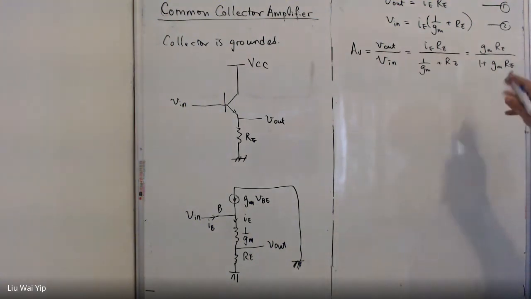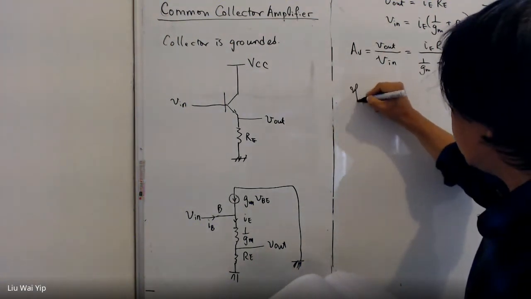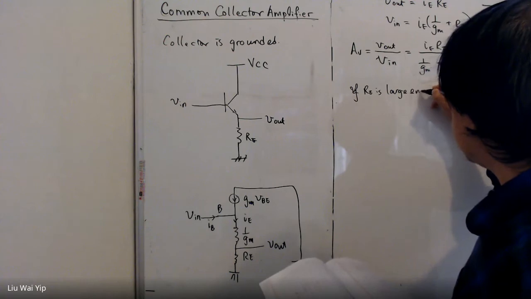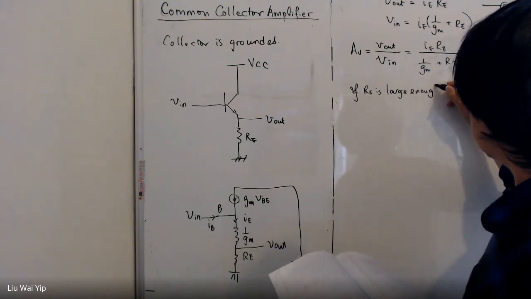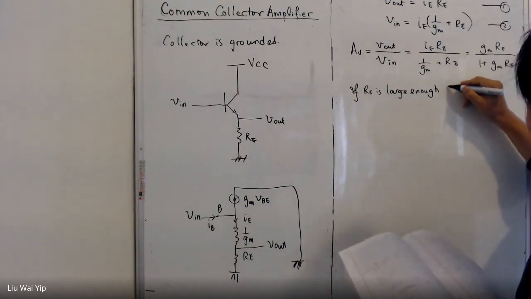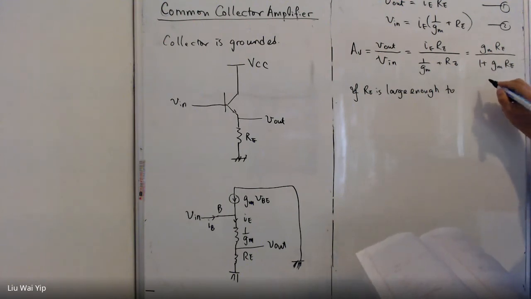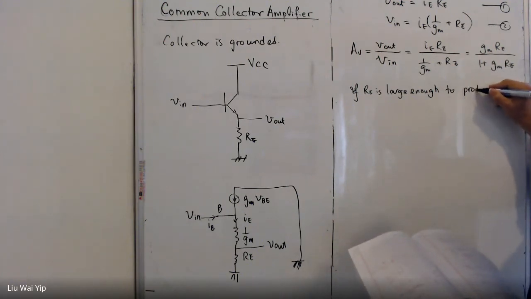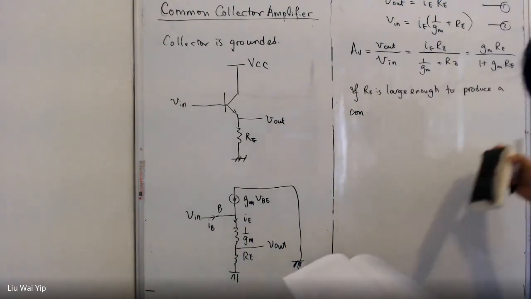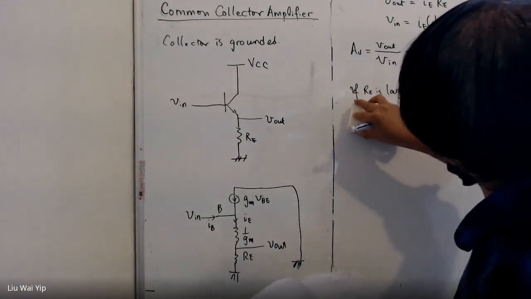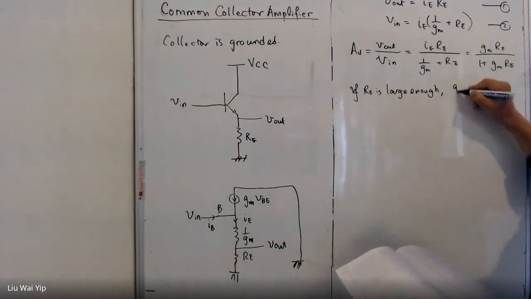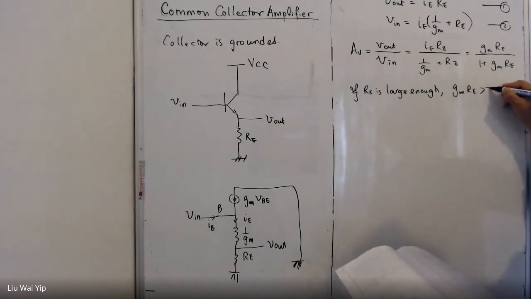If RE is large enough, maybe you just say gm RE is greater than 1.